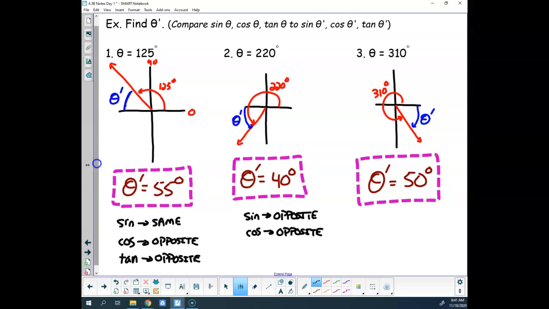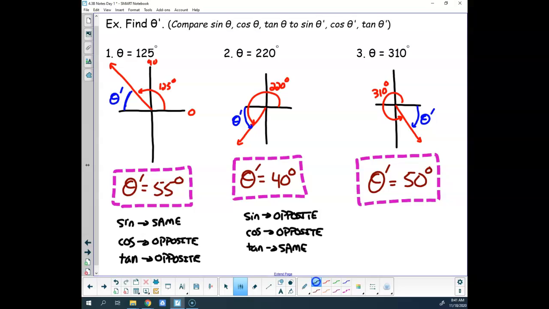You do tangent. I'll do tangent of 40. I got 0.839099631. Same. Okay. 310.